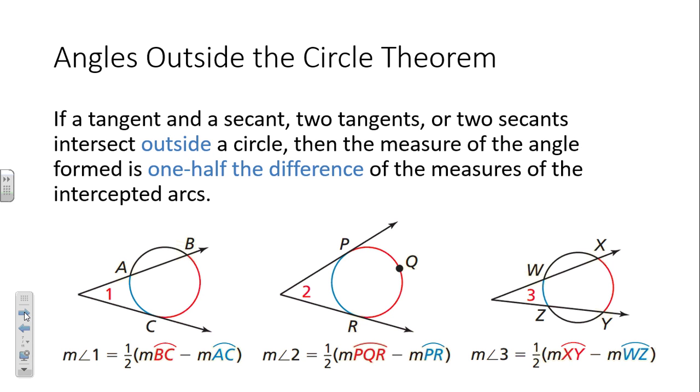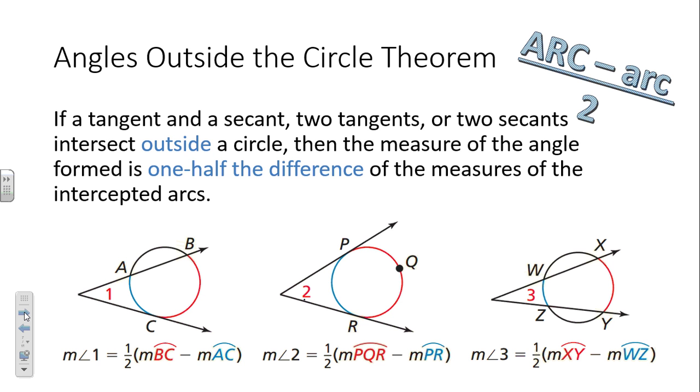It does not matter whether it is a secant and a tangent, or two tangents, or two secants. Okay? It does not matter. If our angle is formed outside of the circle, then we have to take the difference of the arcs. Does it make sense to take the small arc minus the big arc?